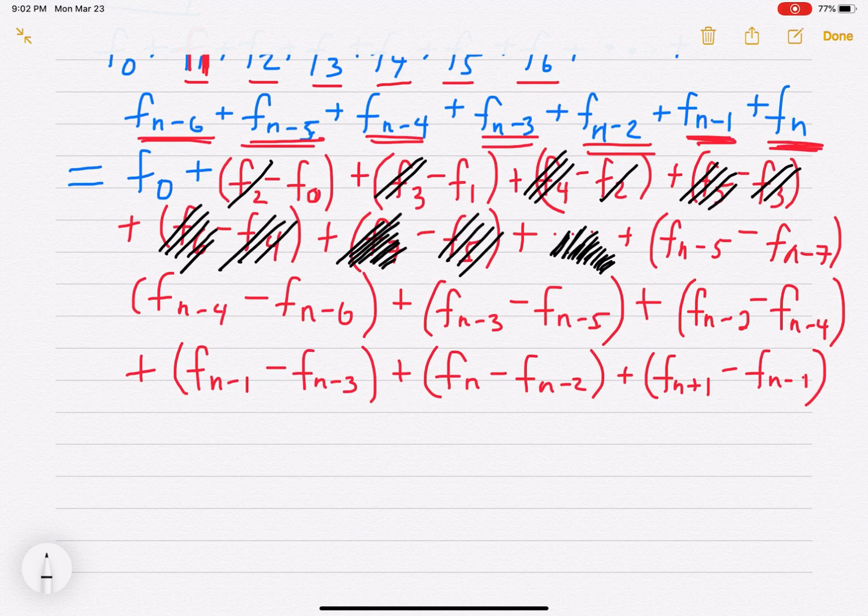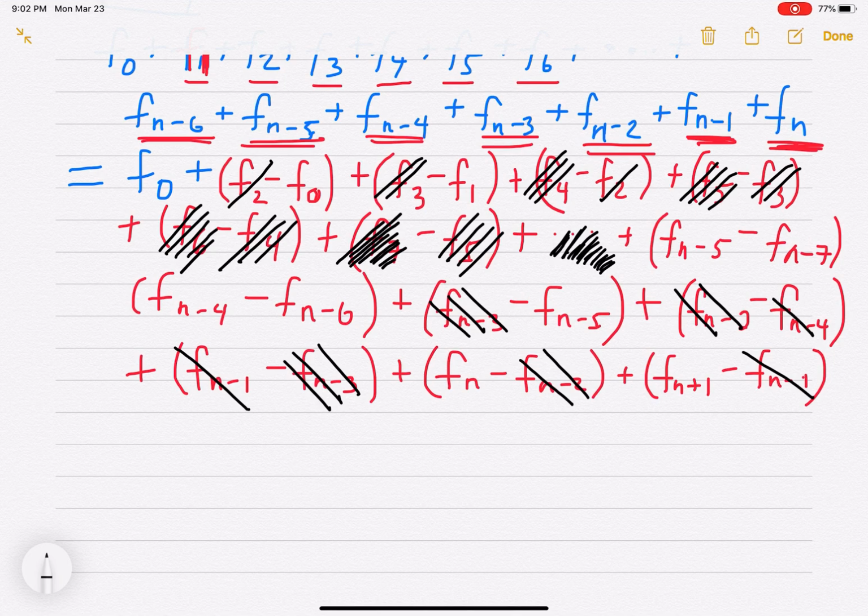Now, on the back end, we're going to have what? Minus f of n minus 1 canceling with a plus f sub n minus 1. And we're going to have a minus f sub n minus 2 canceling with a plus f sub n minus 2. A minus f sub n minus 3 canceling with the plus f sub n minus 3.